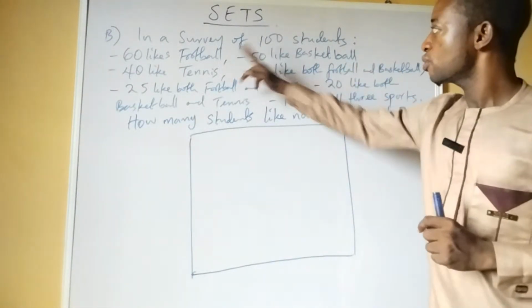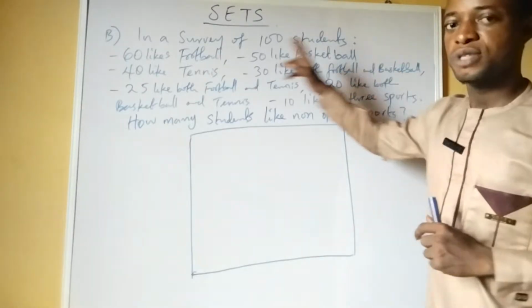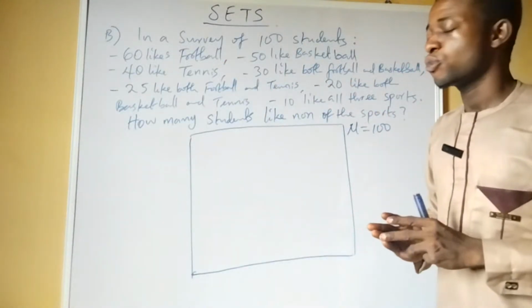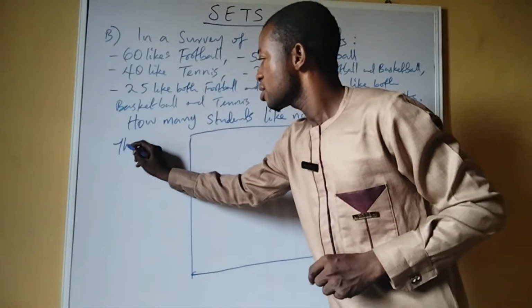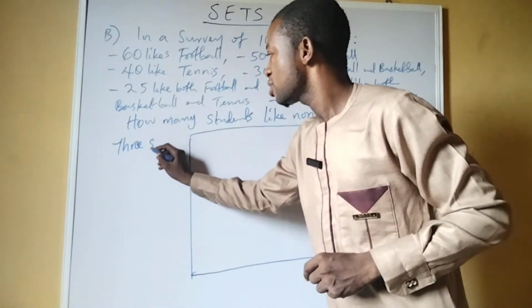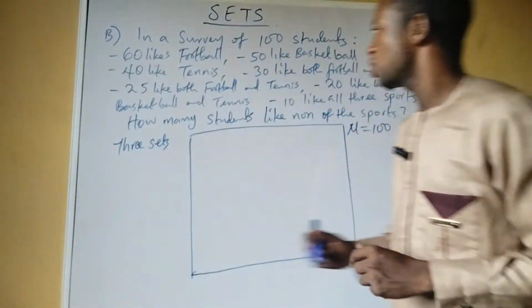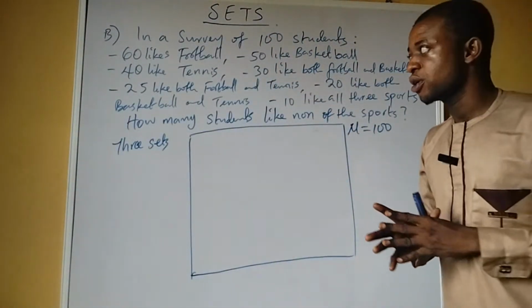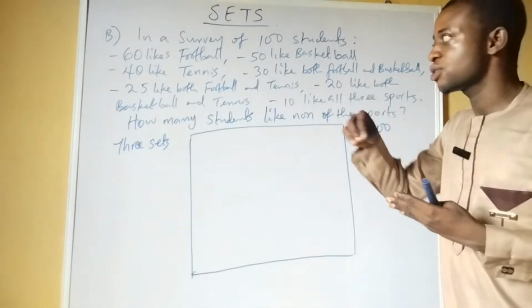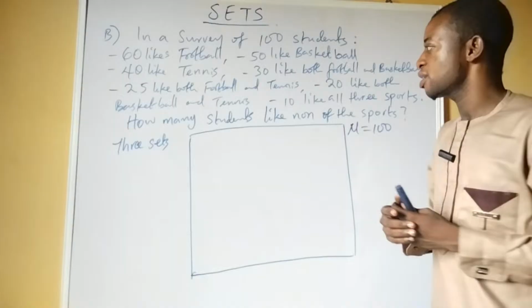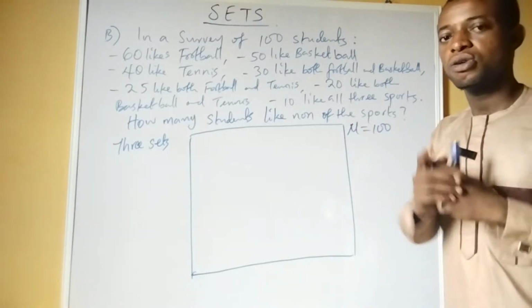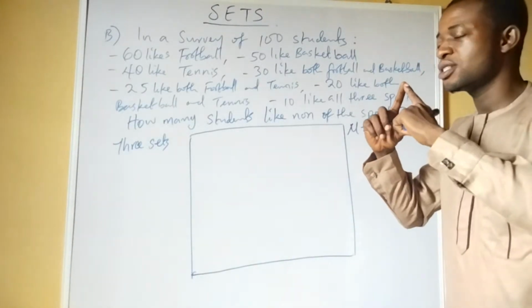Now we have football, we have basketball, we have tennis. So we are dealing with a three sets problem, and we want to draw three circles representing each of these sets. The first thing we look for in the question is whether there is something common to the three sets.